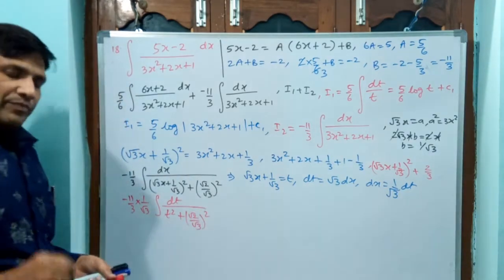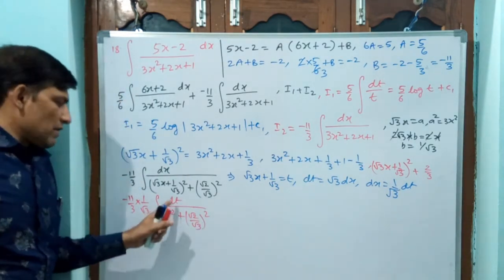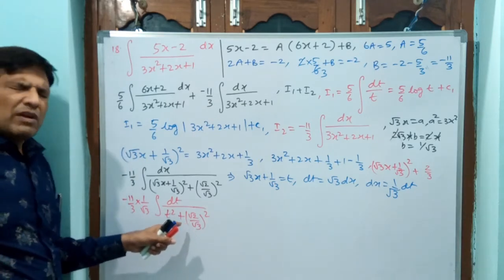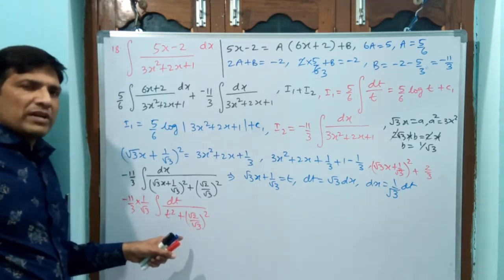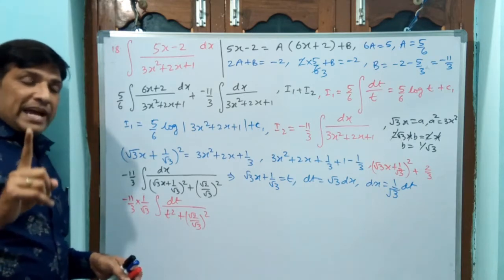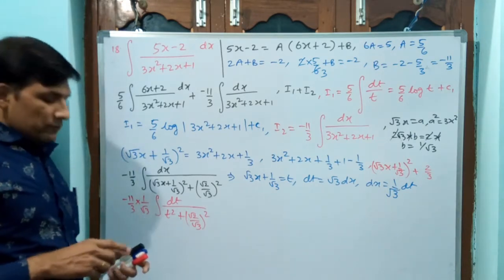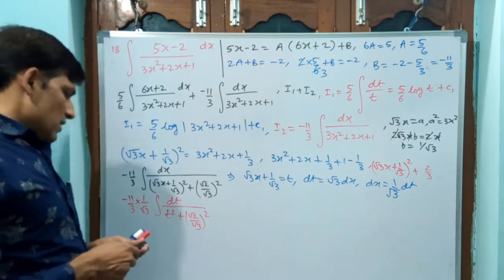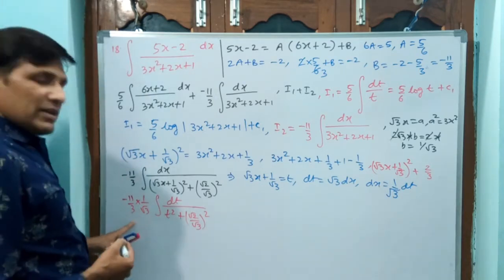Now wait and see. What is the formula for 1 by a square plus x square? Tan inverse x by a. See, for tan inverse x by a, 1 by a will come. Okay, 1 by a into tan inverse x by a. Before that already minus 11 by 3 root 3 is there.